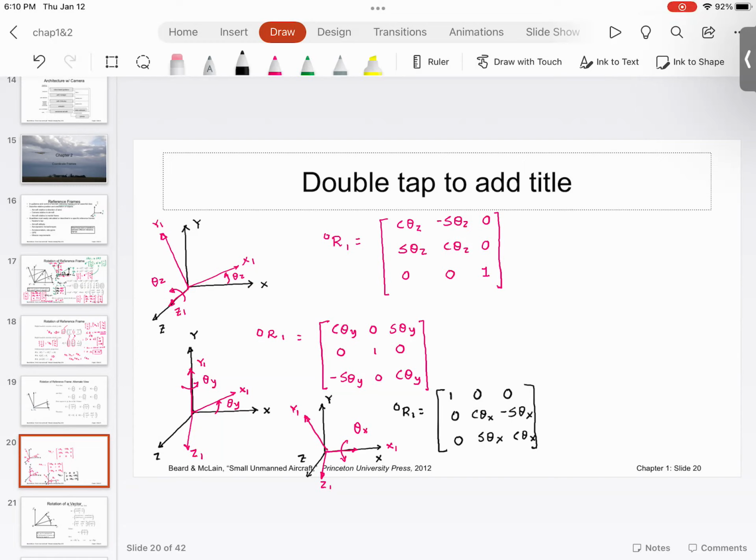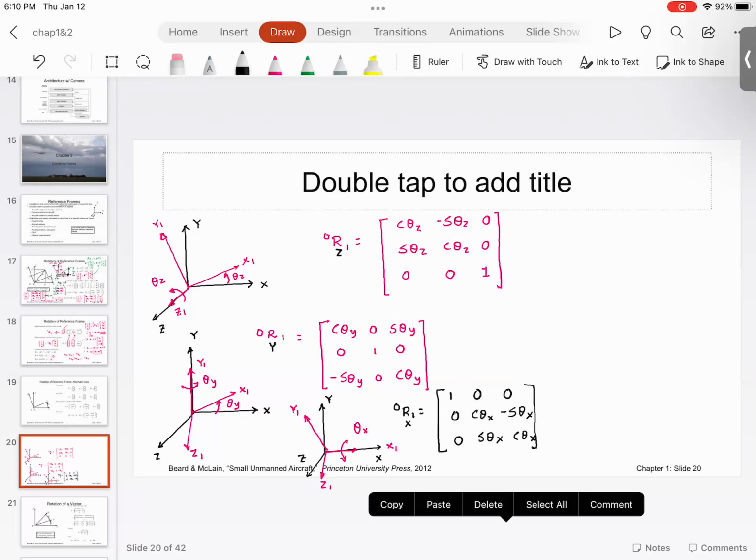But at this point, let me clarify one super important issue. Matrix multiplication is non-commutative. I'm going to call this 0R1 about z, this 0R1 about y, and this 0R1 about x.